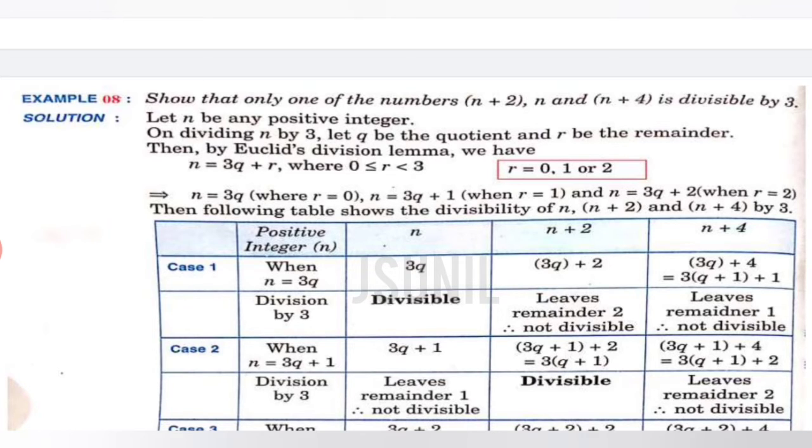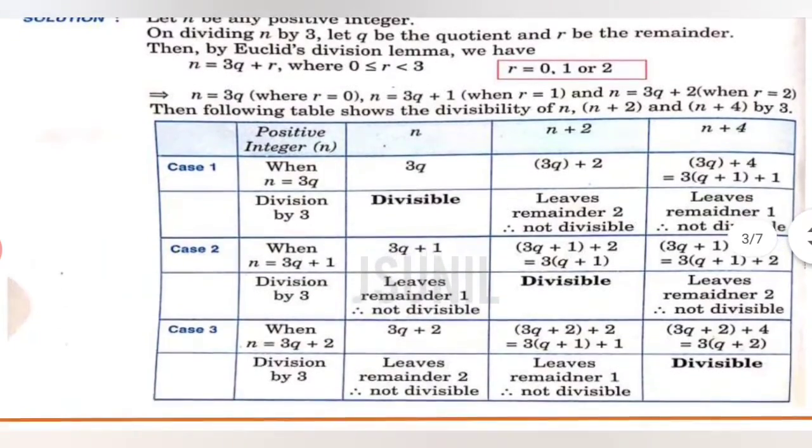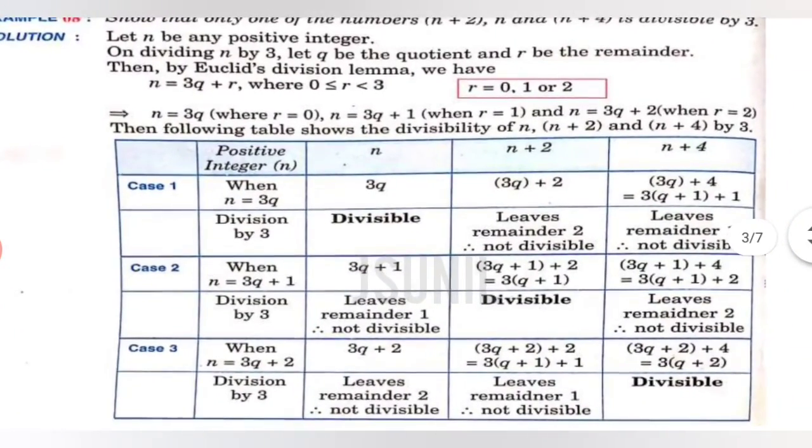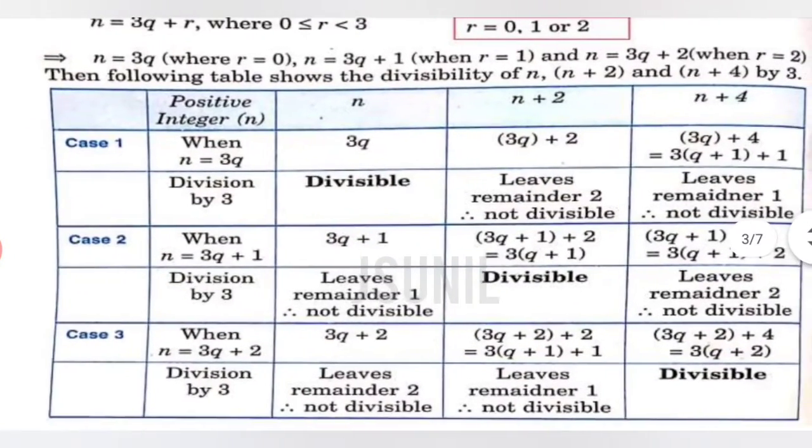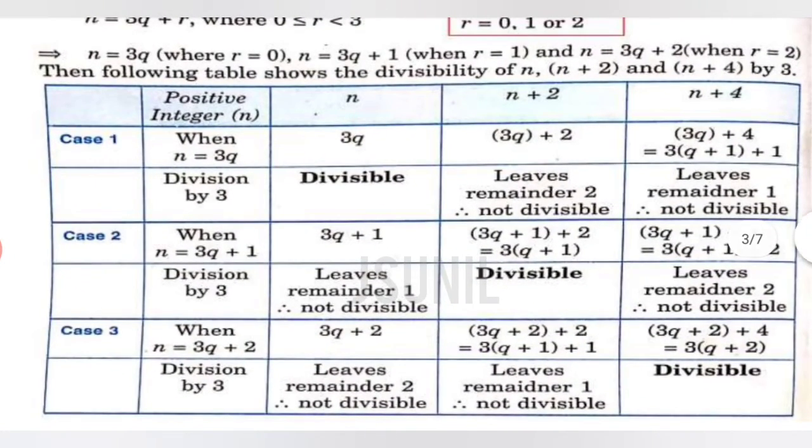Now we will put the value in n, n plus 2 and n plus 4. We saw when we put n is equal to 3q, then 3q is divisible by 3, but 3q plus 2 and 3q plus 4 is not divisible by 3.